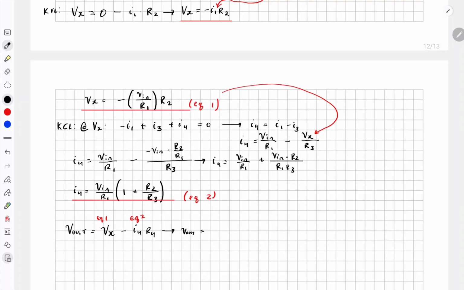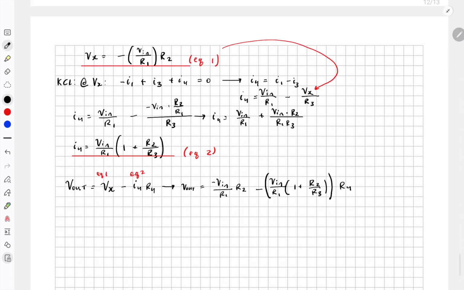So Vout is equal to equation 1, Vx, negative Vin divided by R1 times R2, minus I4, which is Vin divided by R1 times 1 plus R2 over R3, and then don't forget there's the R4 at the end.